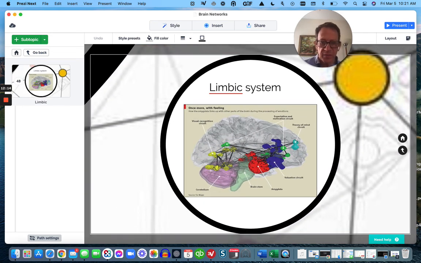The limbic system isn't really a functional brain system because it does so many things, but it's so important that we wanted to highlight this as being involved in emotion and emotional regulation, memory functioning, even the hypothalamus involved in hormonal and other bodily regulation as well.